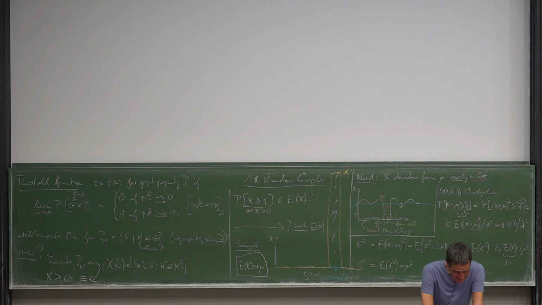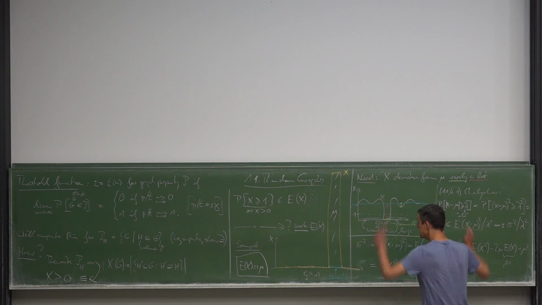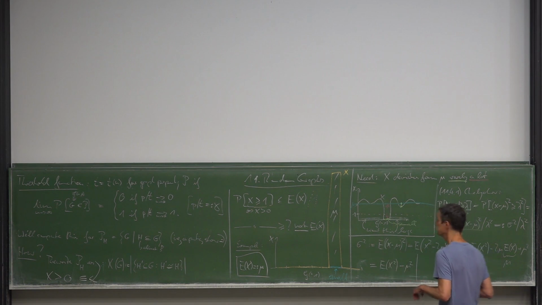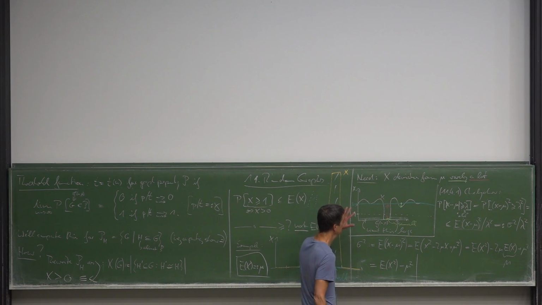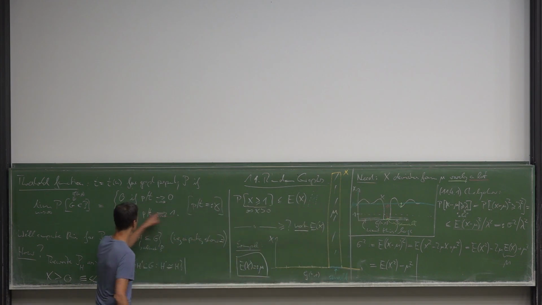Okay, so what's our approach? Our approach is that we want to assume for a proof of this that x doesn't deviate a lot from its own mean. Otherwise, we can't prove very much.